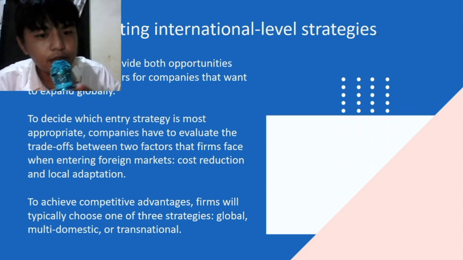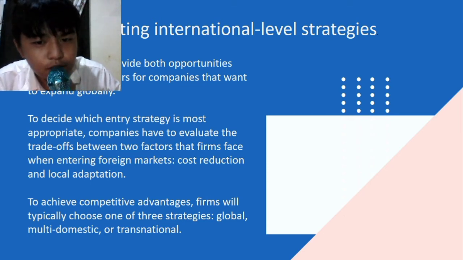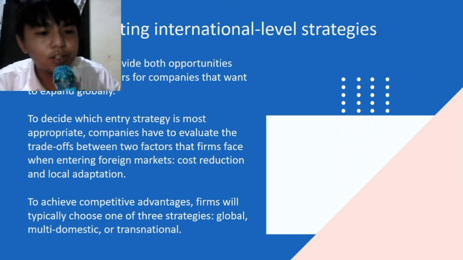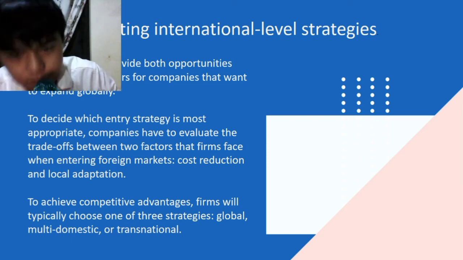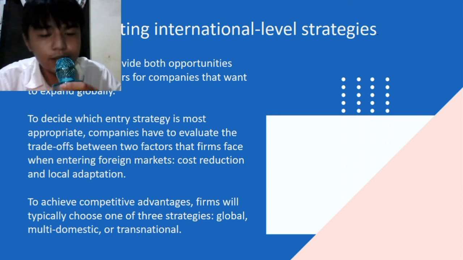To decide which entry strategy is most appropriate, companies have to evaluate the trade-off between two factors that firms face when entering foreign markets: cost reduction and local adaptation. First is cost reduction. Why is it such an important consideration?